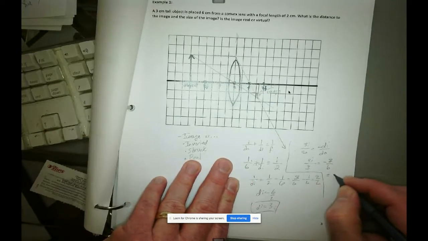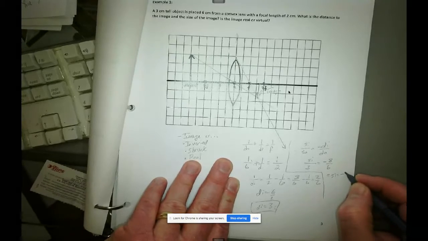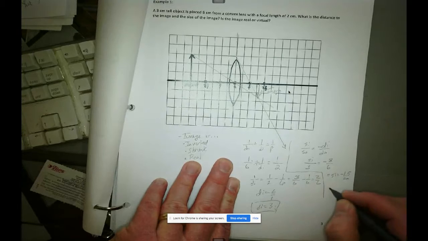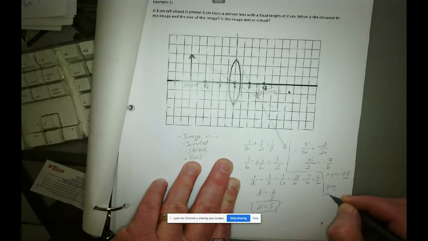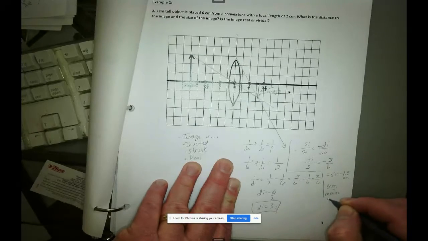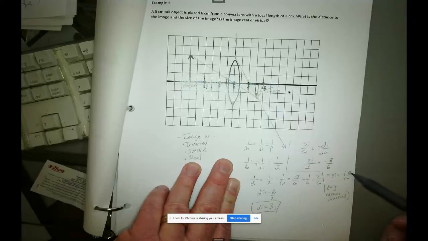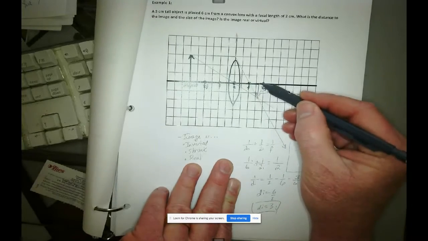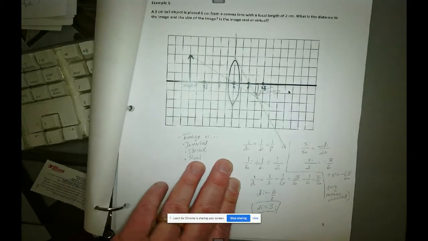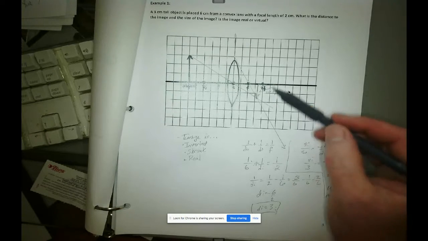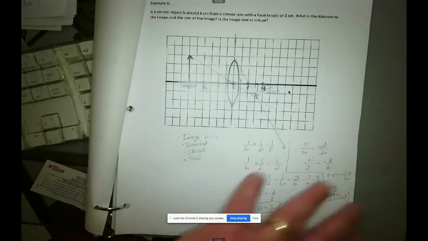And if I do this, I'll end up with sI is minus 1.5. Okay, and the minus sign means it's inverted, which it is, and the height of it should be 1.5, and if I start here, it's 1.5 high. So our math verifies what we found from the ray diagram.